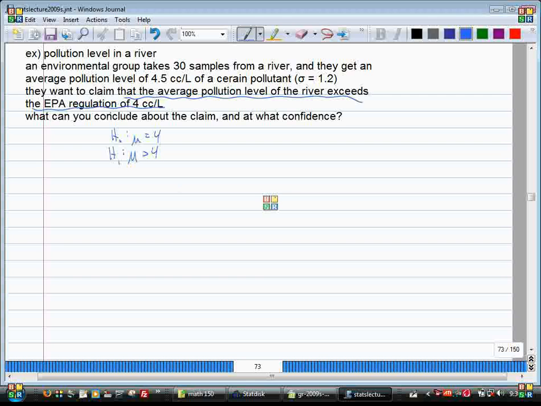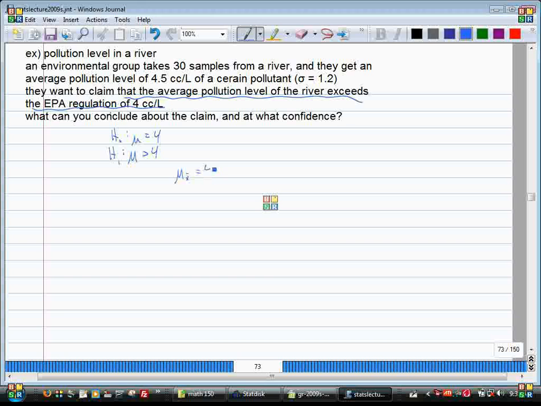Mu for x bar is the same as mu. We talked about that for quite a while. And what is mu in this problem? No, mu is 4. That's a good question.